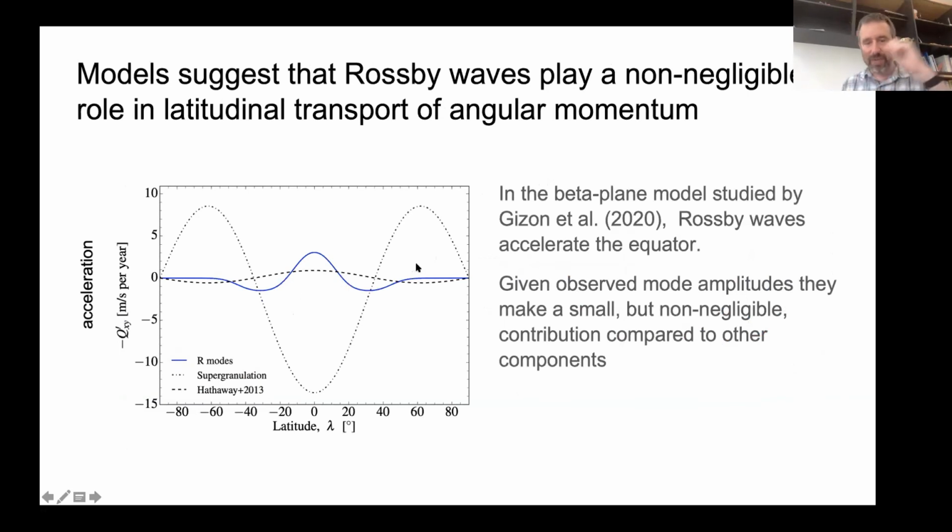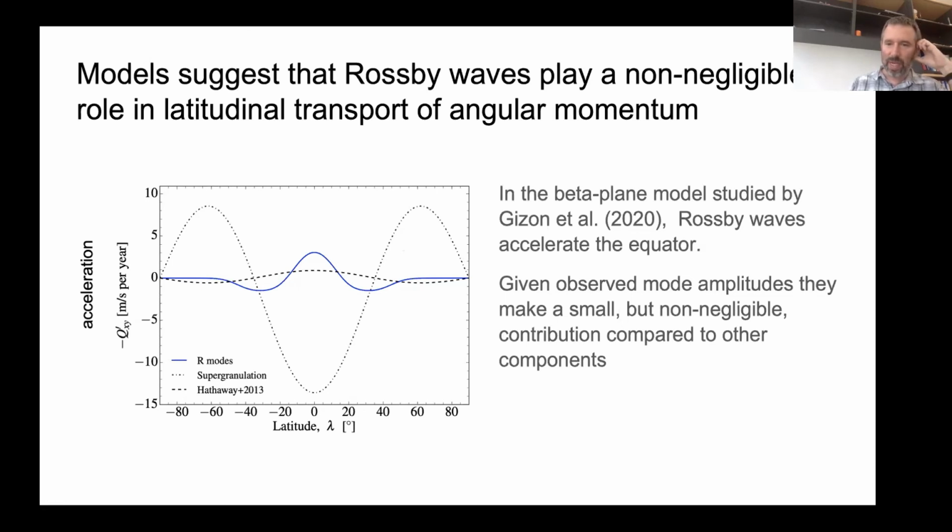So what that complex valued eigenfunction means is that the oscillations are out of phase at different latitudes. And one thing you find in this beta plane model is that the Rossby waves are transporting angular momentum in latitude.